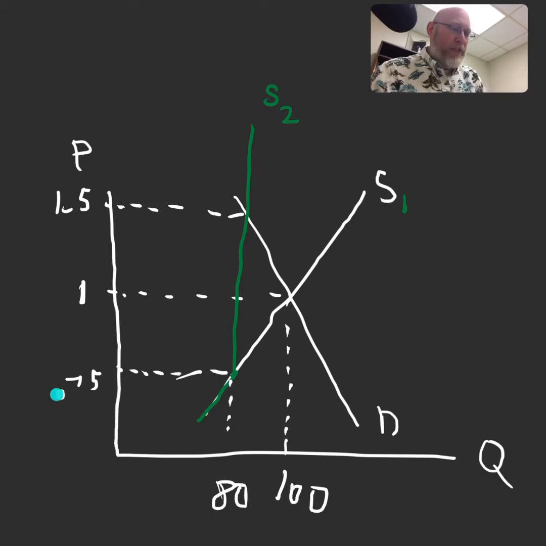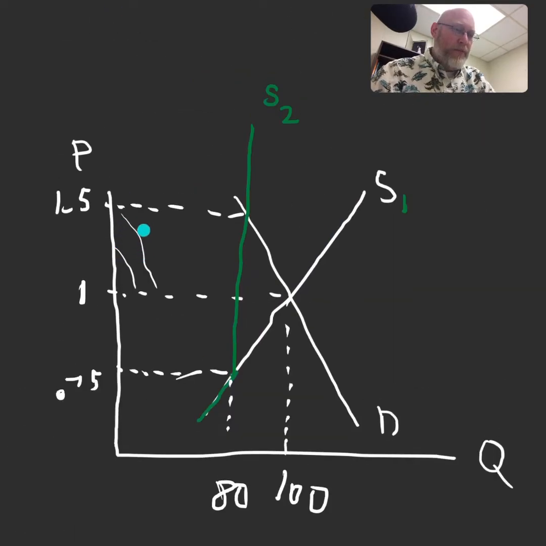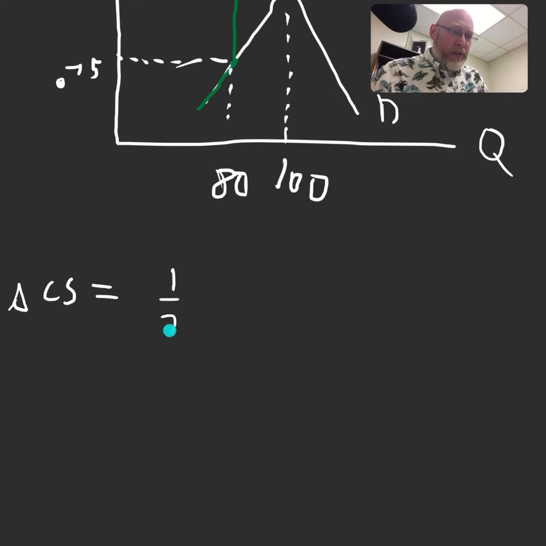All right, math is pretty easy at this point. We just need to start off by finding the change in consumer surplus, which we know to be this trapezoid here. So we're going to use the same formula. The area of a trapezoid is 1/2 of the height of the trapezoid, which is the difference between those two prices. And of course it's consumer surplus, so it's a negative number. 1.5 minus 1, this is P2 up here.